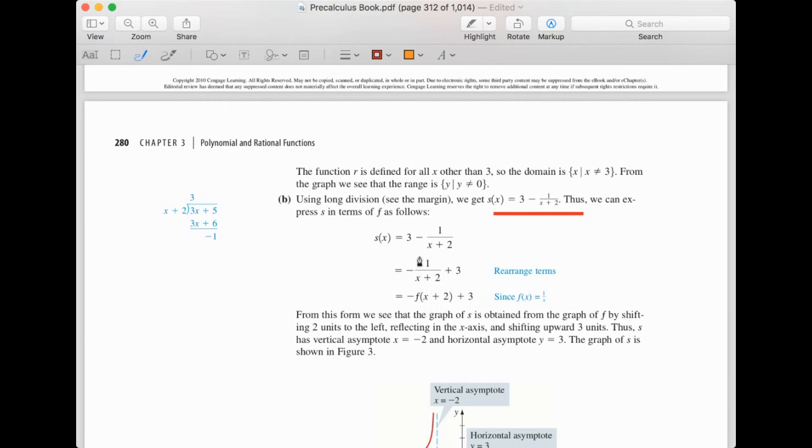So 1 over x plus 2, we can write as f of x plus 2. And we see here, s of x is written in terms of f of x. So same conclusion. If we can write one function in terms of another function, that means that function is a transformation of the other function.